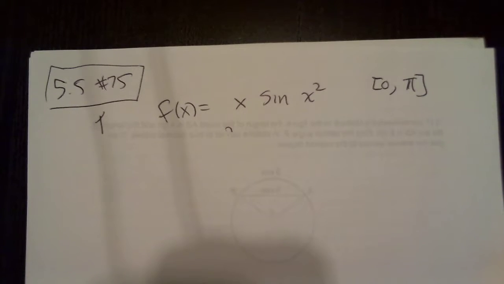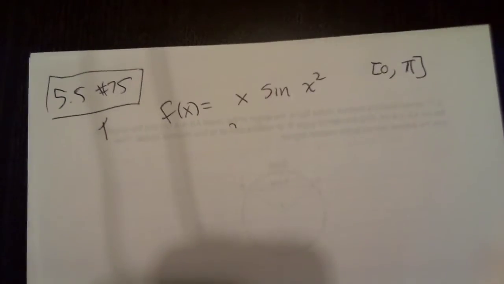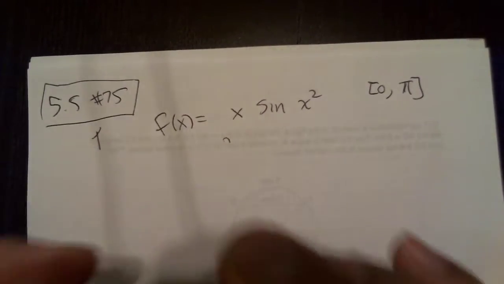Sine of x squared. All right, and that goes from x equals 0 and then x equals pi.